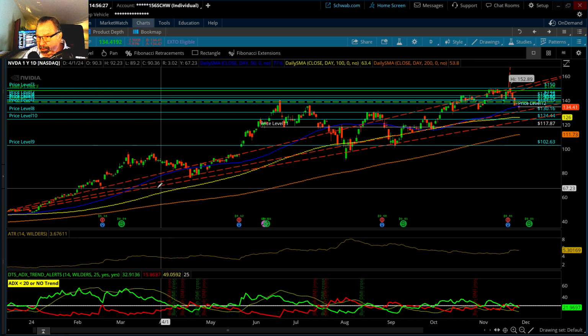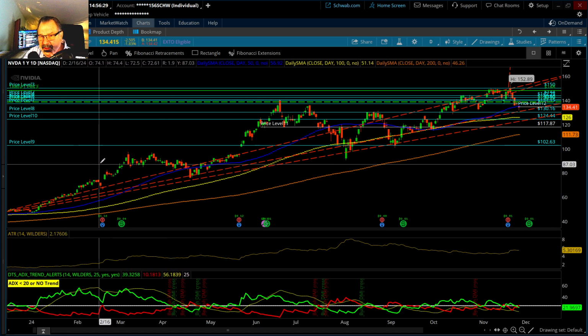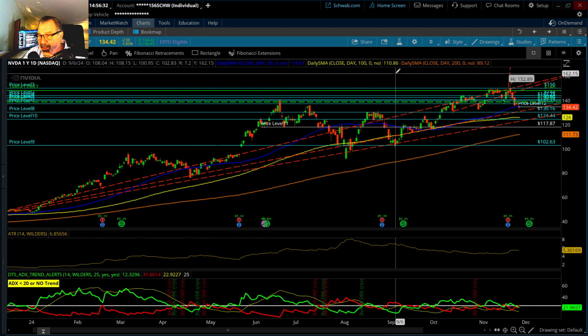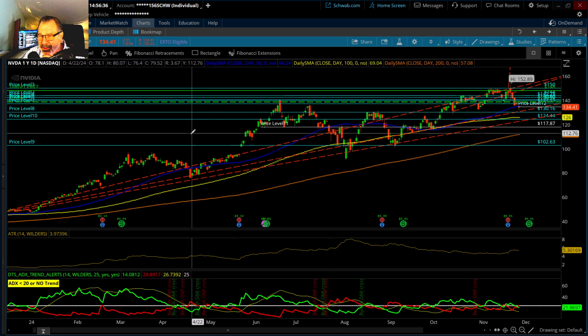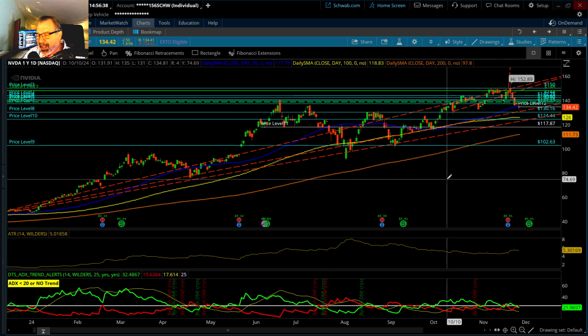So this is pretty subjective. I could have snapped it and gone straight up here, and then it would have been way up here, $200 before it hit it. So when you're setting your trend lines, if it's not long term, you're going to want to set them in an area where it might actually be useful for you.